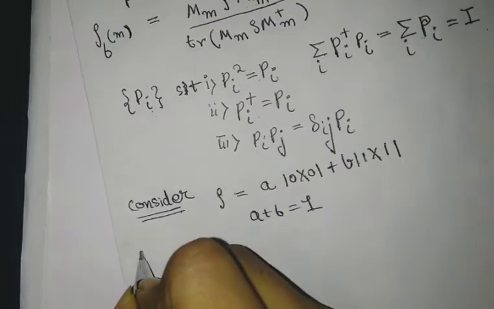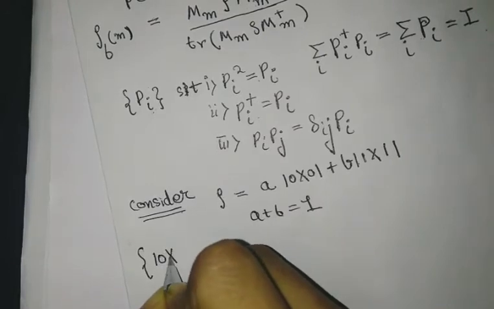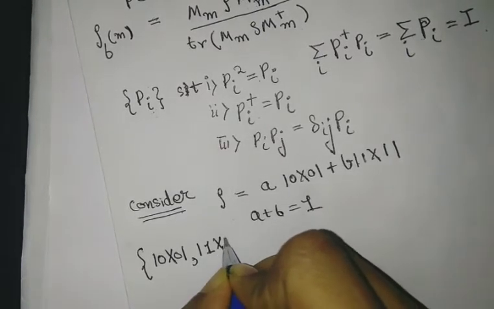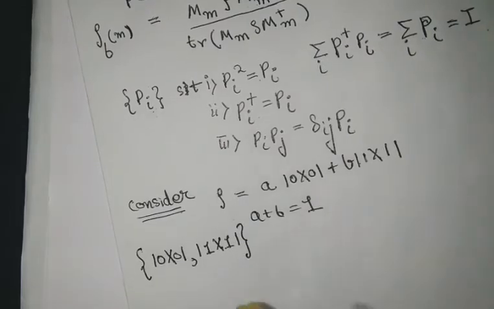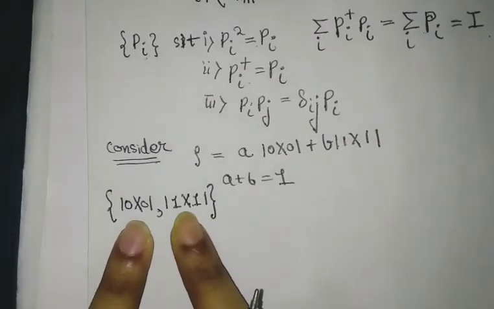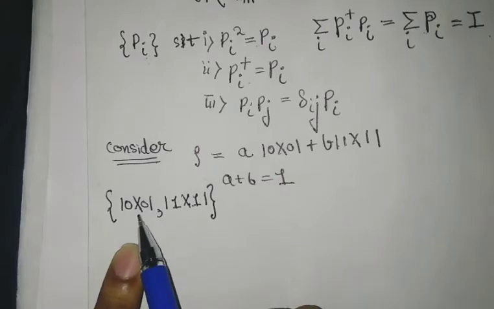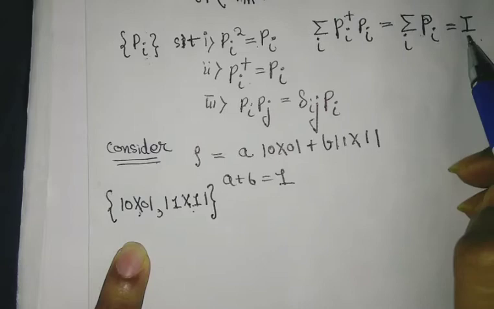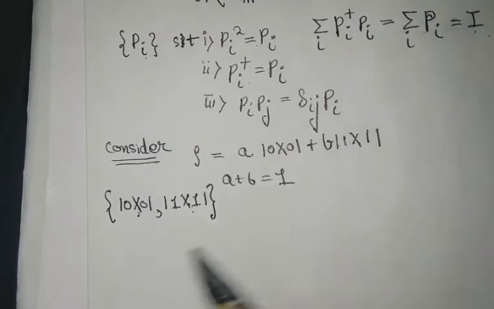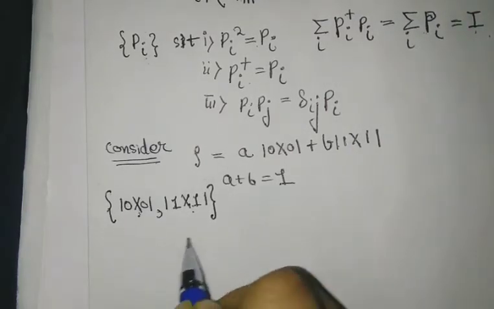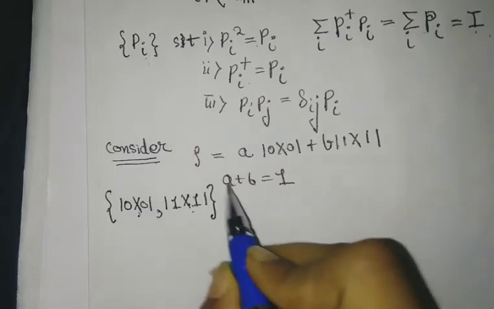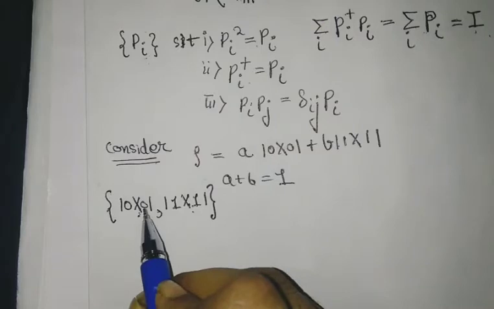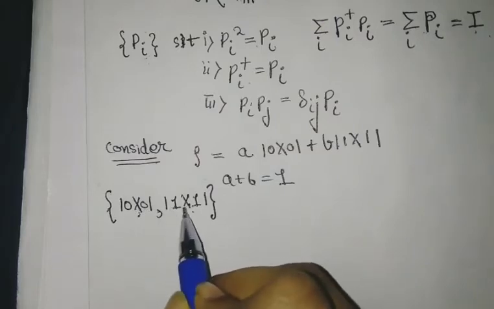Now I give you this set, a computational basis measurement set. Let's first quickly check: this plus this is just the identity. That's automatically clear, because |0><0| plus |1><1| is the identity expressed in this 0, 1 basis.